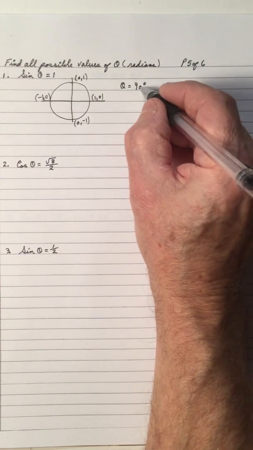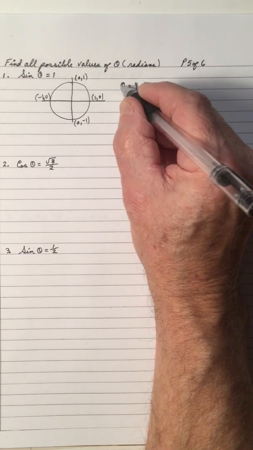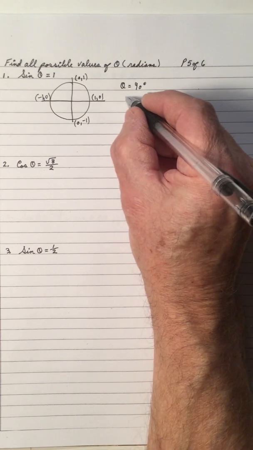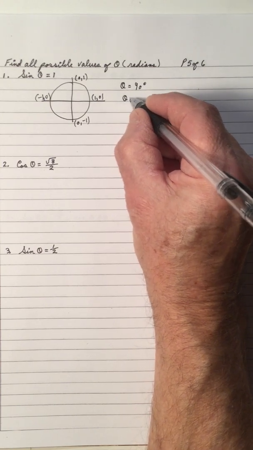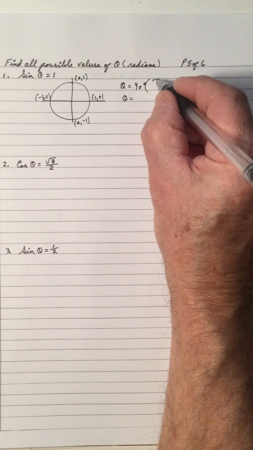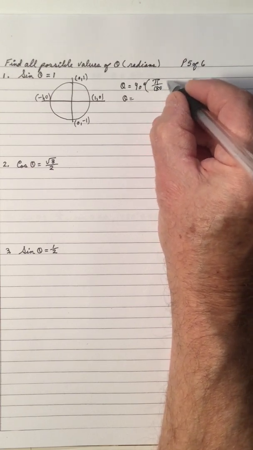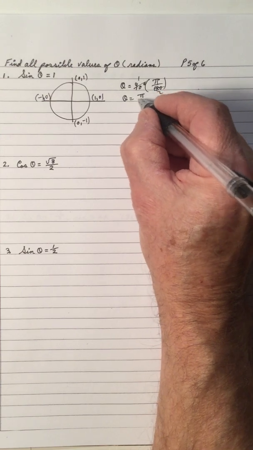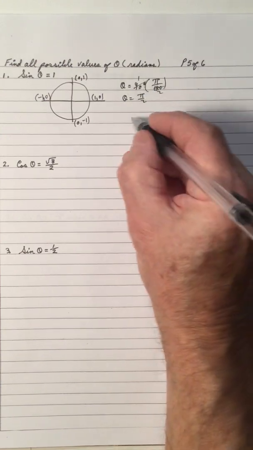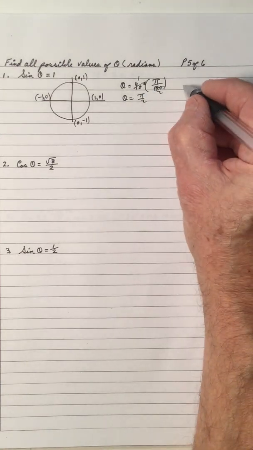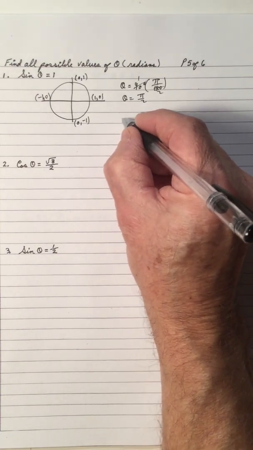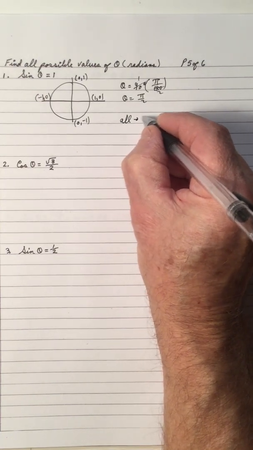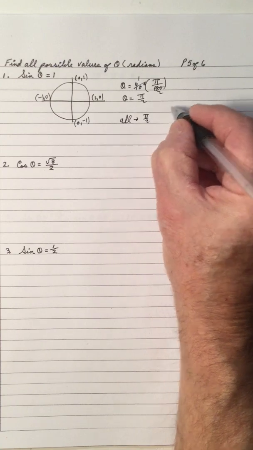So 90 is, again, a degree. We want a radian. So in terms of a radian, theta is multiplied by pi over 180. 90 into 90 goes once, 90 into 180 goes twice. So 90 is pi over 2. But we want all of them. So if we want all, and we want them in terms of radians, it's pi over 2.